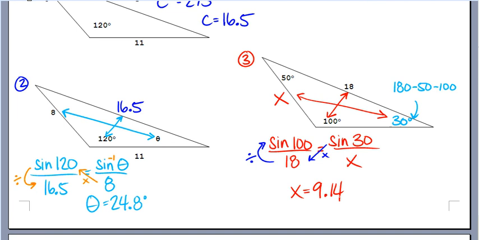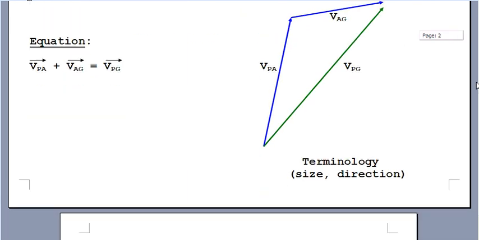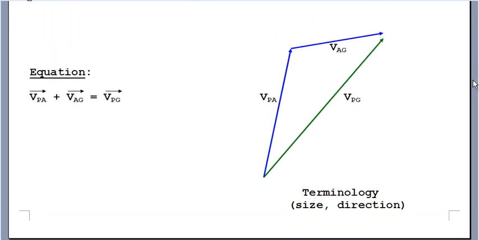So we're going to look at some application of this math with some real airplane examples now. But before we do that, I want to go to this picture.